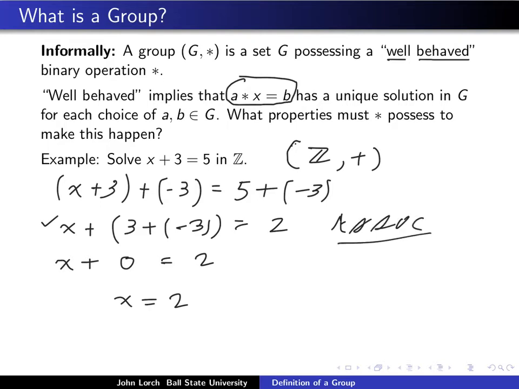And we also used the fact that addition is a binary operation on the integers, and that means that when we take 5 plus minus 3, we're bound to wind up with another integer. In this case, we wound up with 2. So we used the fact that addition is a binary operation.